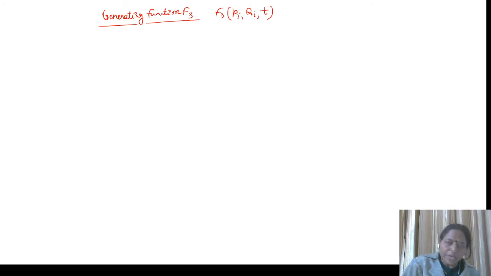So if you compare it with F1, which was a function of small qi, capital Qi and time, now you compare the two. You have to replace this qi with pi. This is same and this is same. So your purpose is to replace qi with pi.